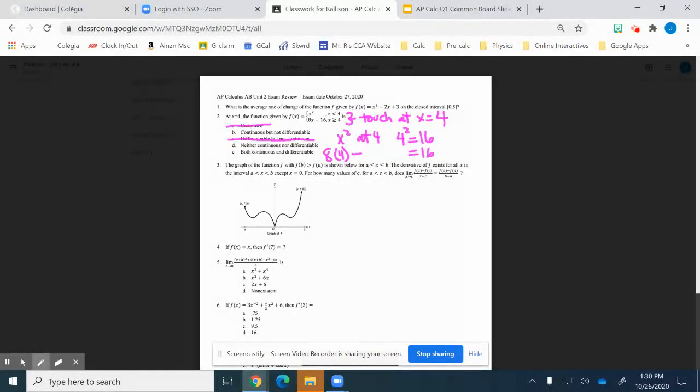That one also equals 16. So it is definitely continuous. So we can check that box off. Now, the only question is, is it differentiable? And that is the last thing we're going to check.